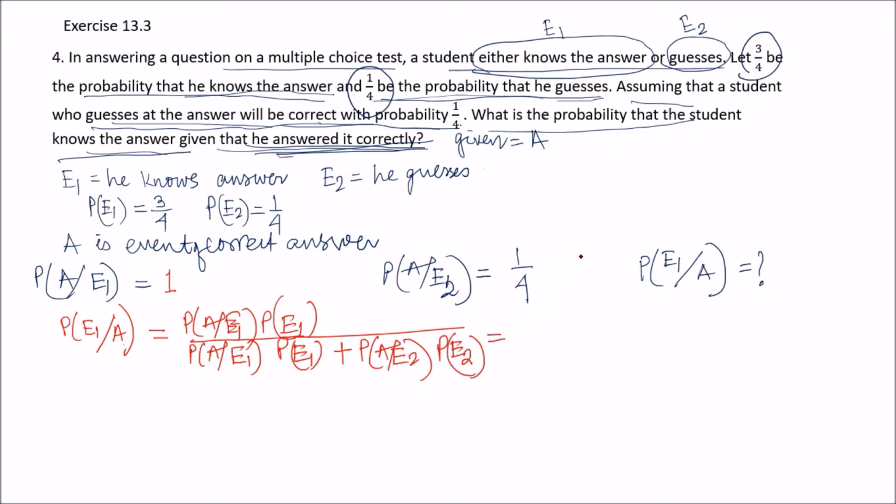So how much will it be? It will be 1 into 3 by 4, upon 1 into 3 by 4 plus 1 by 4 into 1 by 4.